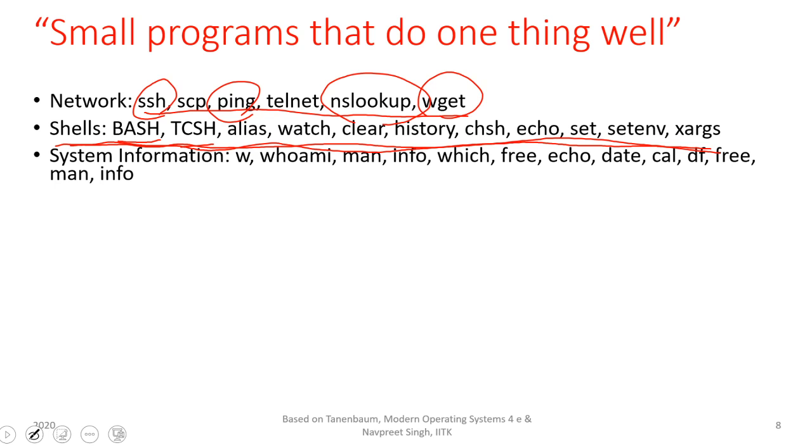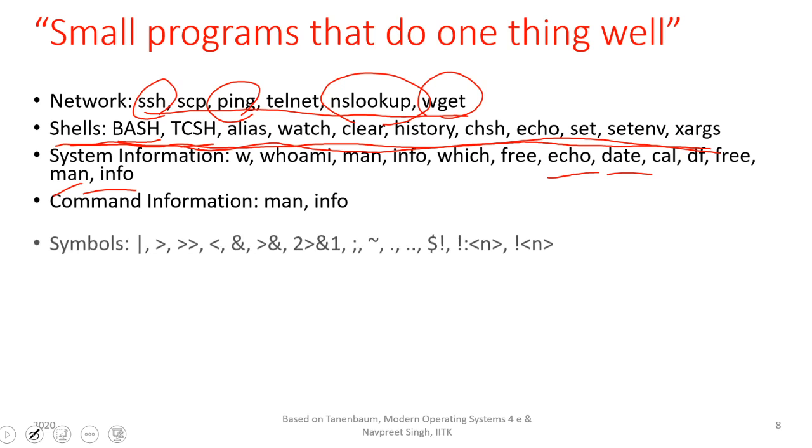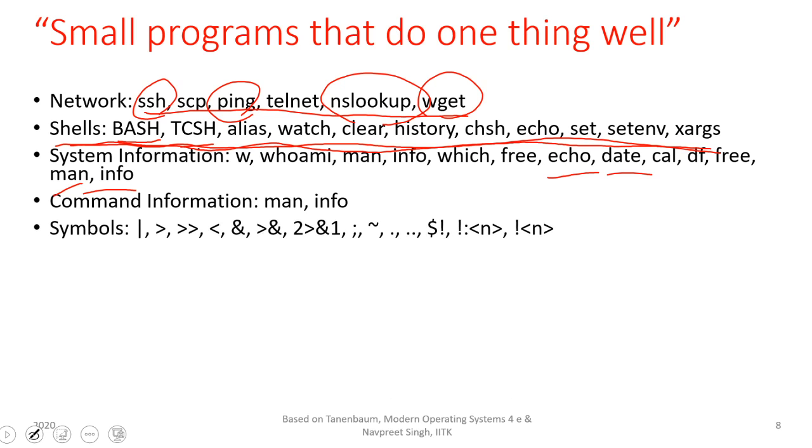Then we have another set of small programs like date, info, manual, or echo. We can call them commands, but in themselves they are small programs that do one thing well. So we have quite a variety of these programs.